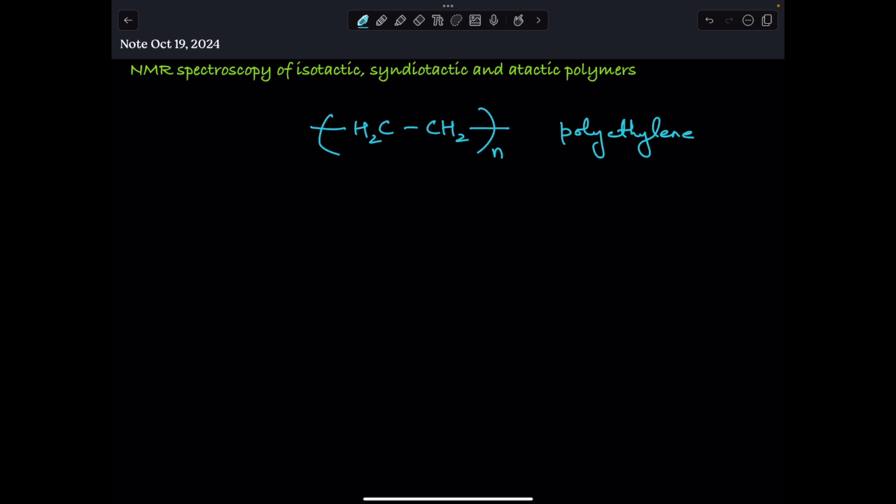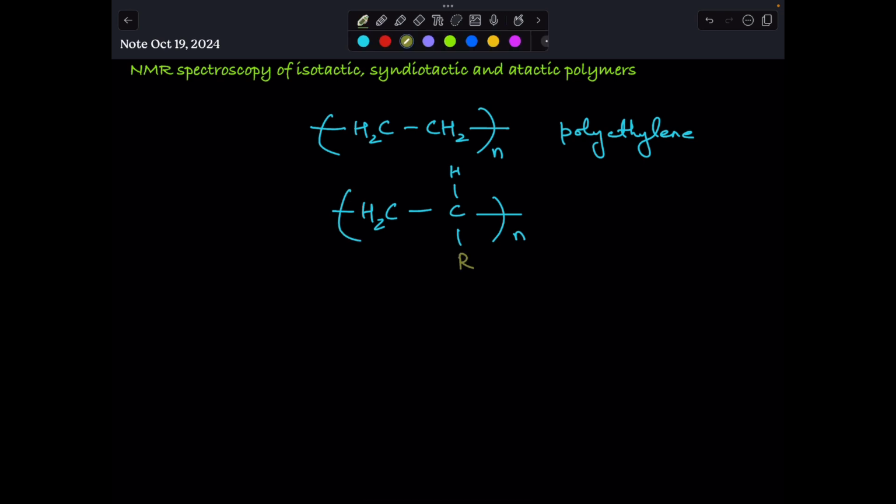If we replace one of the hydrogens in one of the carbons with an alkyl group, we get a monosubstituted polyethylene. That would be like this. So this is a monosubstituted polyethylene where we have replaced one of the hydrogens with an alkyl group.